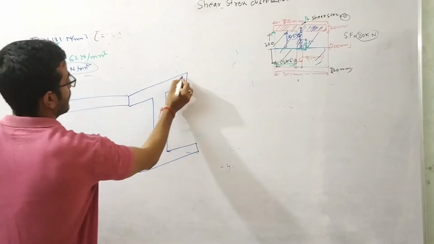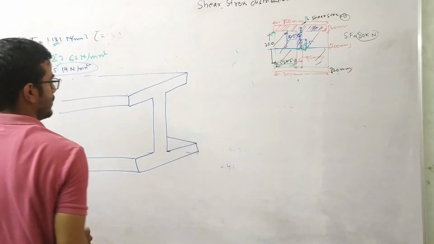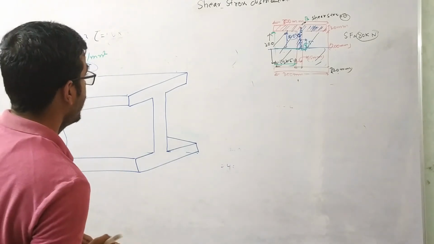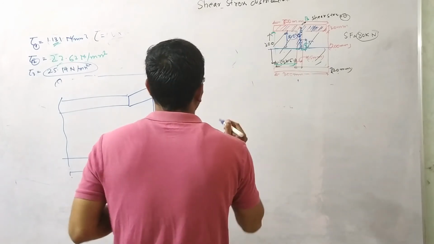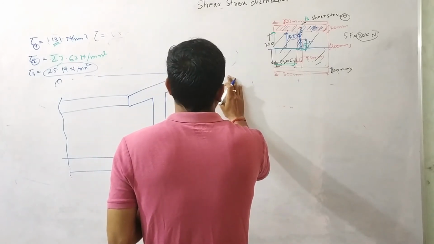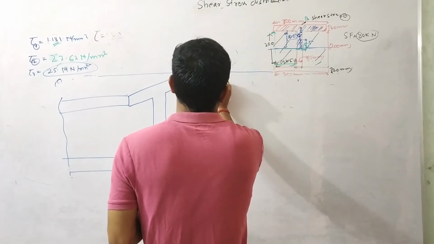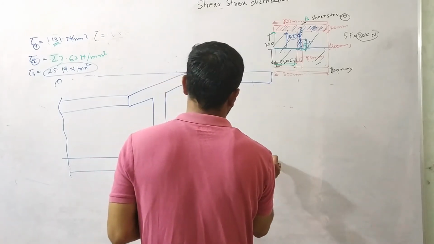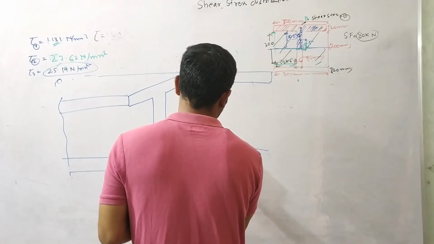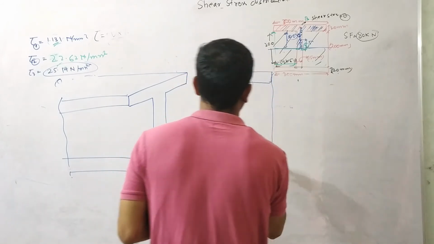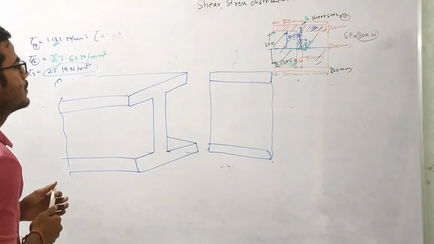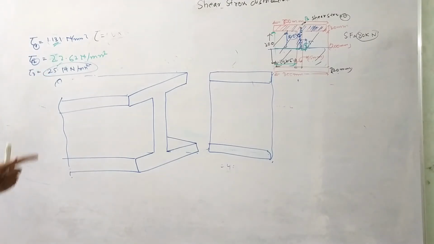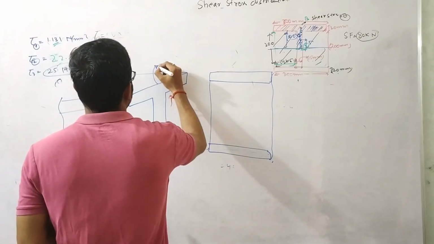If this is the beam, and this is the cross-sectional view of the beam, and this is the side view of the beam, we know that tau at this point will be 0.